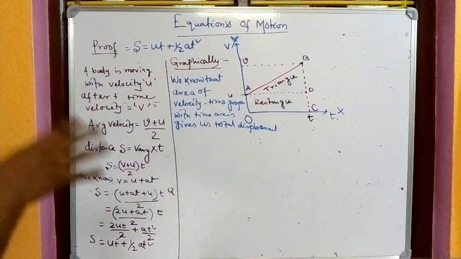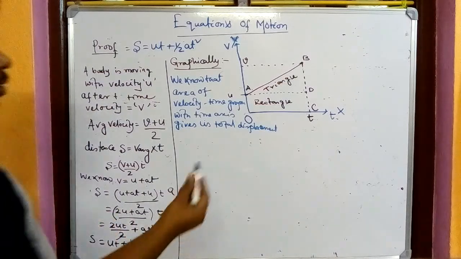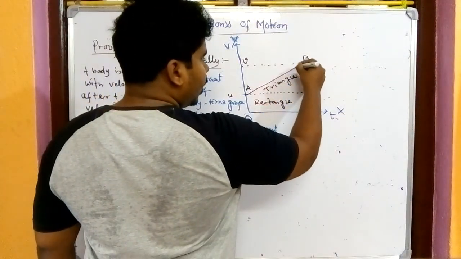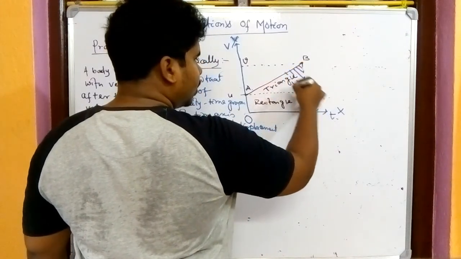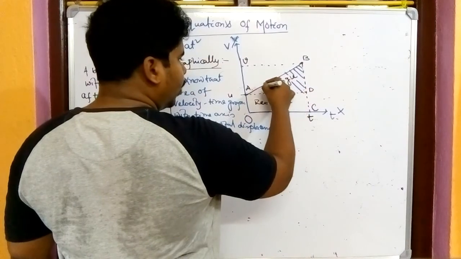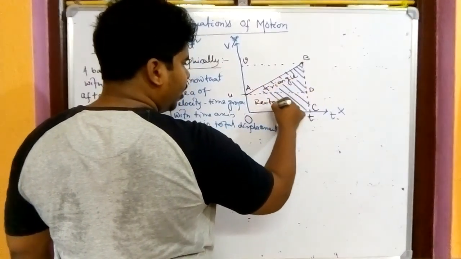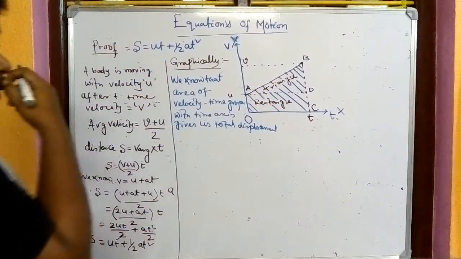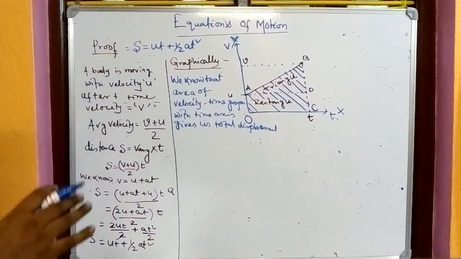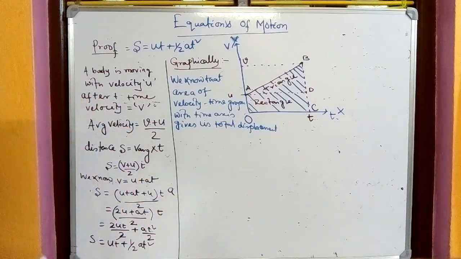We have to find the area of the rectangle and the area of the triangle, and then we will add them, because this is the area of the velocity time graph with the time axis that we have to find out. We are just separating the rectangle and triangle and then adding.